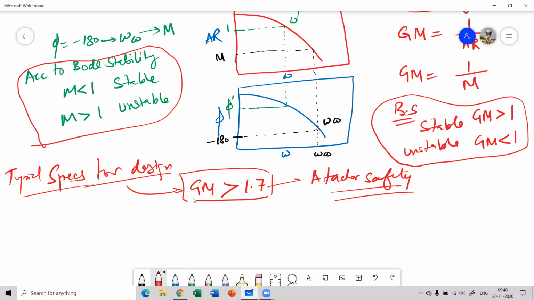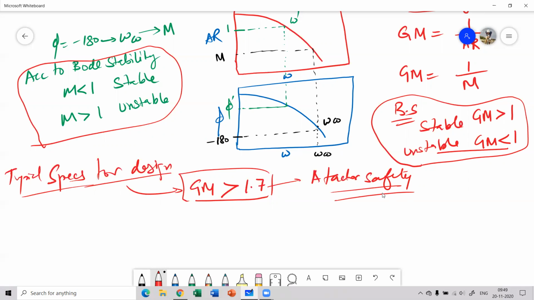This also means that if AR can increase by a factor of 1.7 over the design value, the system becomes unstable. Now, for a gain margin of unity or less than 1, the system is always unstable.